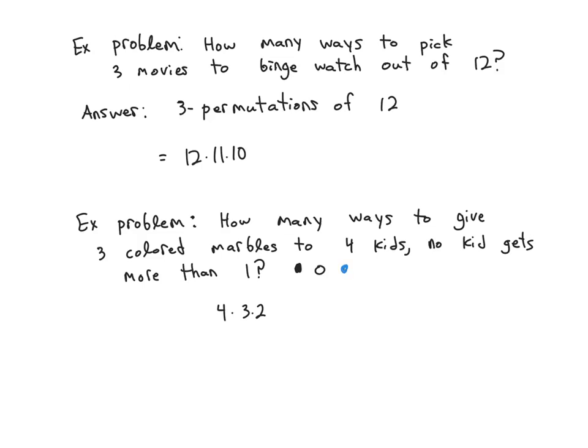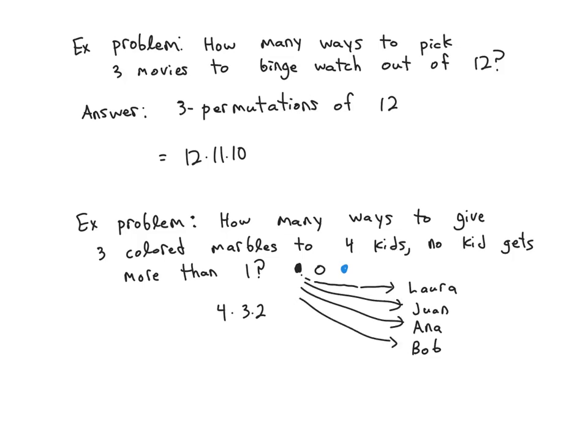And let's have 4 students. So suppose these are the 4 kids. And well, how could you consider all these distributions? Well, you could ask yourself, who did the black marble go to? There's one of 4 choices, right? And so that gives us the first 4. Once you've given the black marble away, you see the white marble can't go to the same person as the black marble went to because then you violate this restriction.